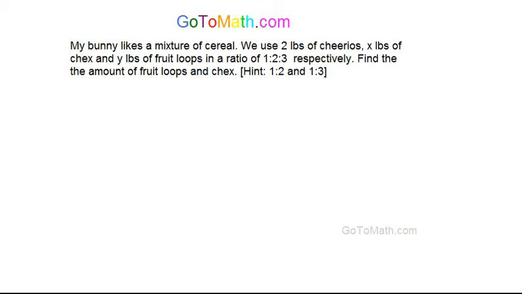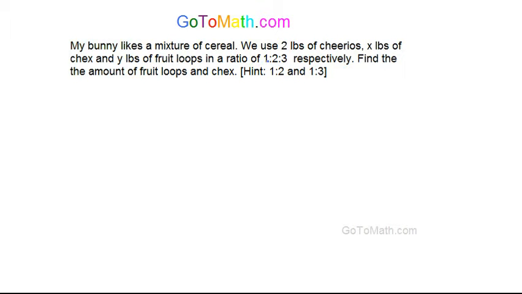Now, yes, bunnies like cereal. I'm not kidding. And my bunny, named Sparky, well, he likes a mixture of cereal. And this particular mixture contains 2 pounds of Cheerios, well, we're going to say X pounds of Chex and Y pounds of Fruit Loops in a ratio of 1 to 2 to 3 respectively.